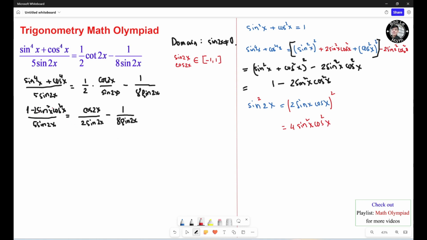We have 2 sin^2 x cos^2 x but we need 4, so we multiply by 2 and divide by 2.